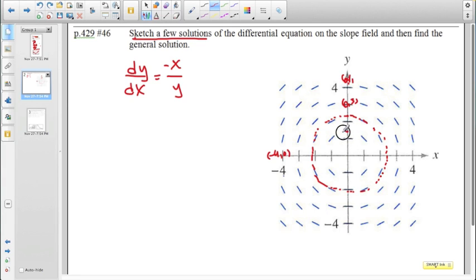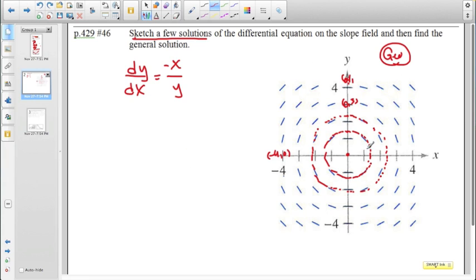So there's a possible solution. Here's another possible solution. So what we have is a solution that happens to be a family of circles that are concentric about the origin. And if you remember back to geometry, we know how to write equations for circles that have a certain xy coordinate for the center. And I'll come back to that at the end of this problem.